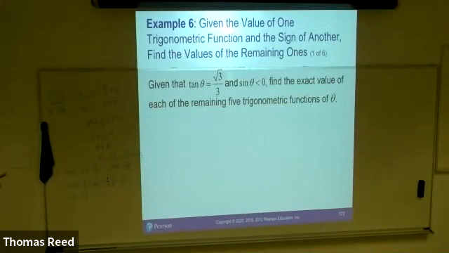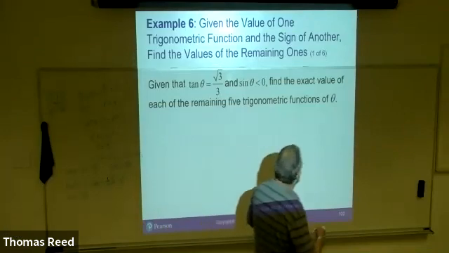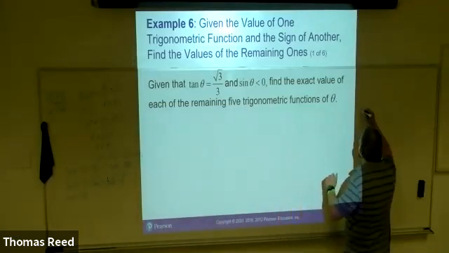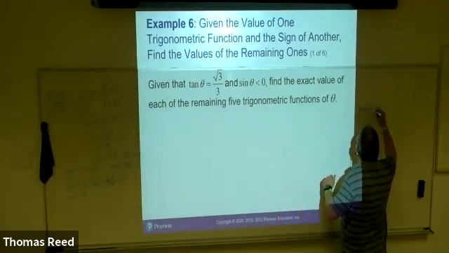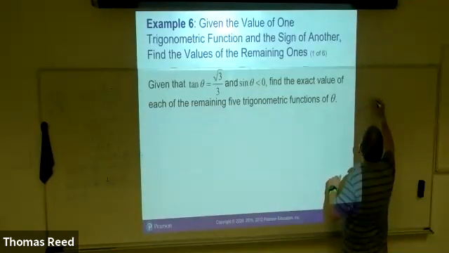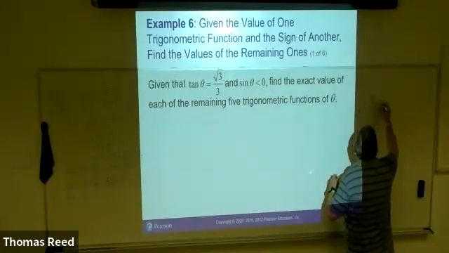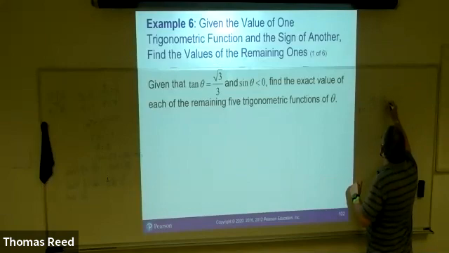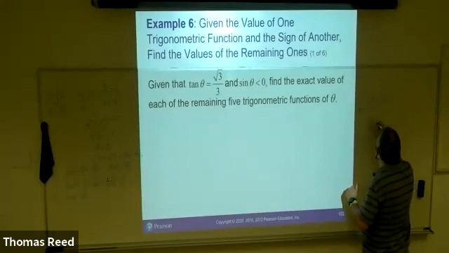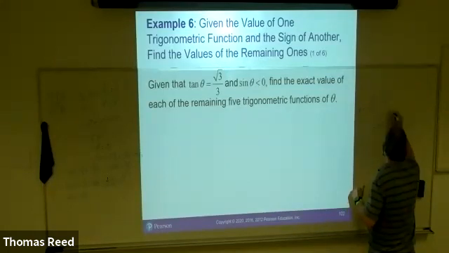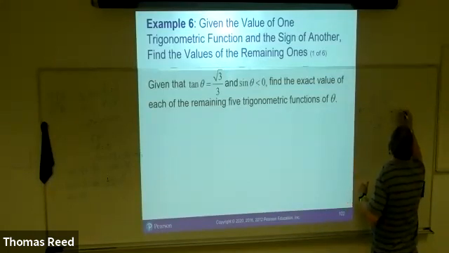So here we know what x and y are, because tangent is the square root of 3 over 3. So that's y over x. So x is 3 and y is the square root of 3. So x squared plus y squared equals r squared.